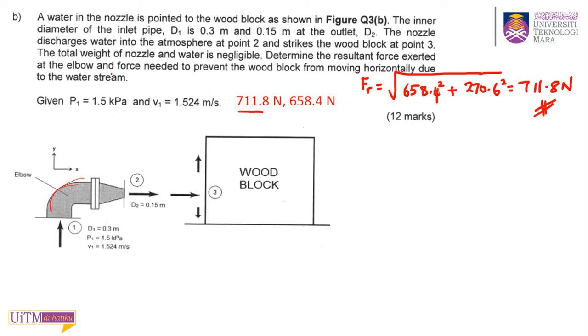And they also ask you to find the force needed to prevent the wood block. The force here, there is a force here. They ask you to find this one as well. So this involves this section, parts 2 and 3.